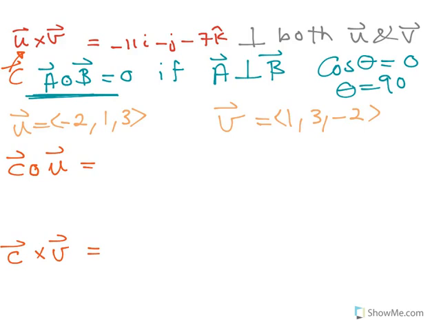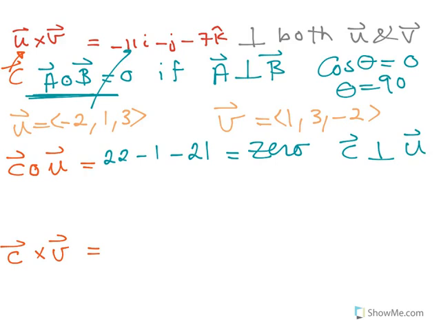For the dot product, you just multiply the x components, the y components, the z components, and add all of them together. So I have minus 2 times minus 11, that's 22. 1 times minus 1, that's minus 1, and 3 times minus 7 is minus 21. So 22 minus 1 is 21, minus 21 is 0. That means C is actually perpendicular to u.